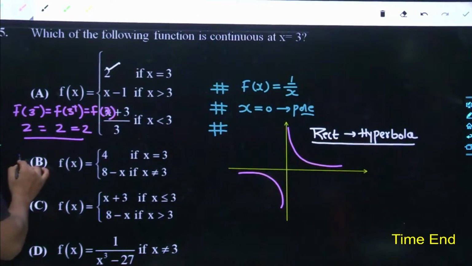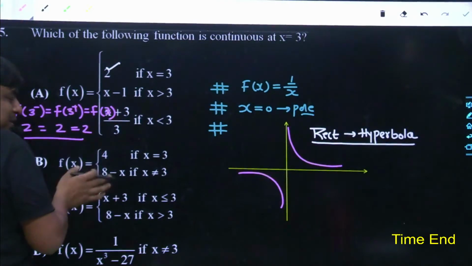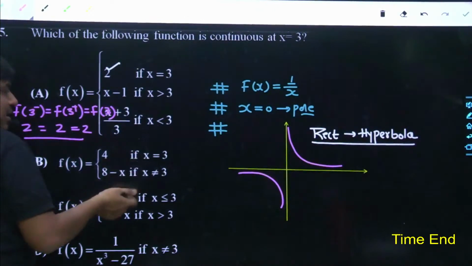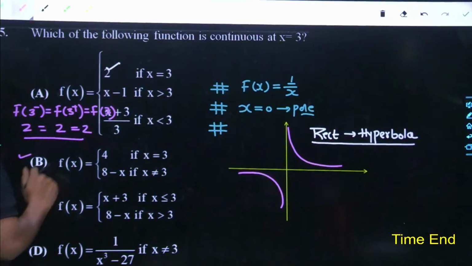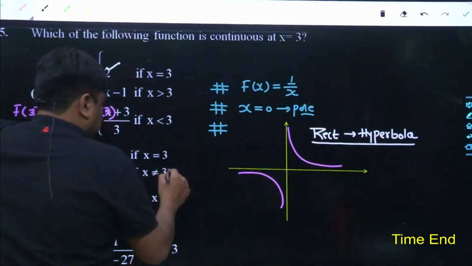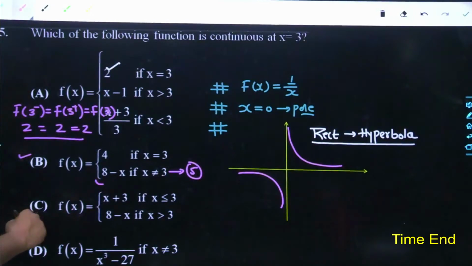Now if we focus on part b. See, 8 minus x is the function which defines this given function, or 8 minus x defines f of x everywhere except x equals 3. So once I feed x equals 3, the result is 5. The result is 5.